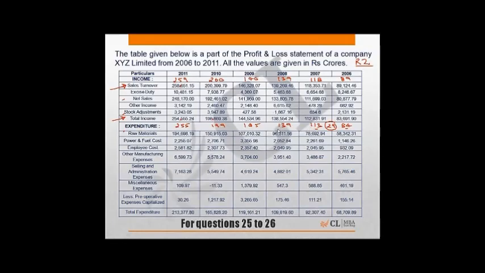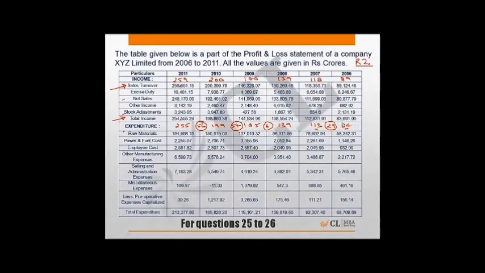Next was 2009, an increase of 6. 2010 is an increase of 45 plus 9, 54. And 2011 there is an increase of 56. Okay. So the percentage change for 2007 will be 29 upon 84.